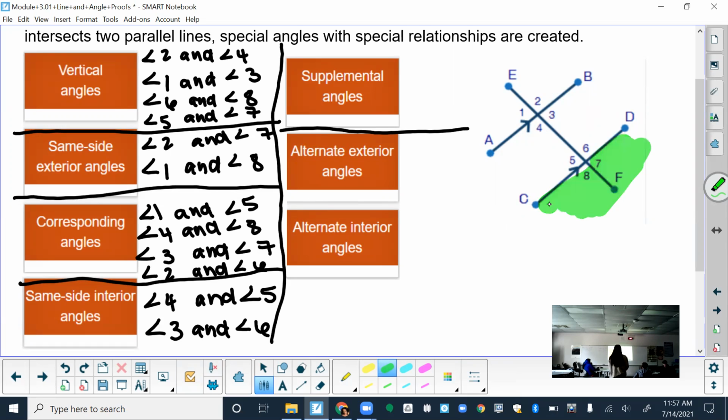So these regions, the outside of the parallel lines, and kind of use the names as your guide. You can probably figure it out. If it's alternate exterior angles, then one example would be angle 1 and angle 7.